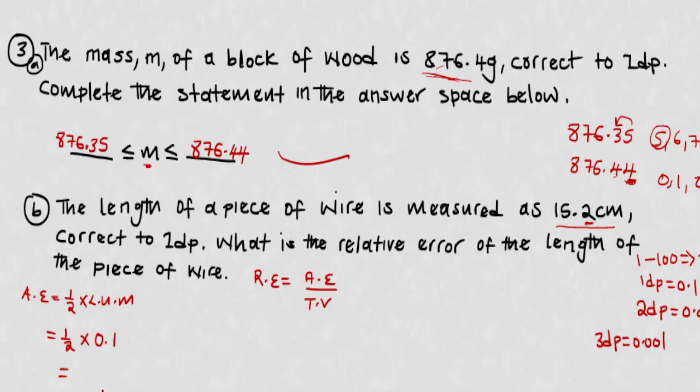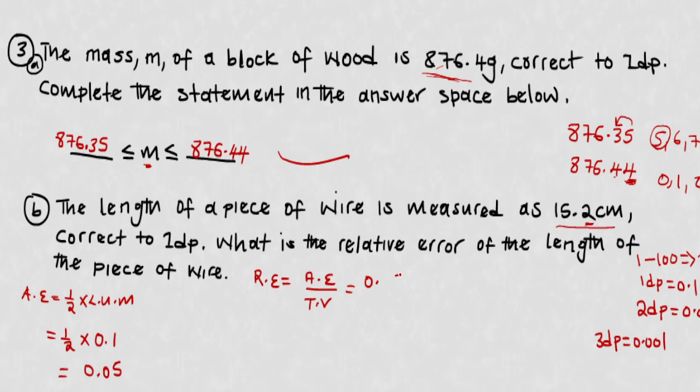Half times 0.1 is 0.05. So our absolute error, we found it. It is 0.05.